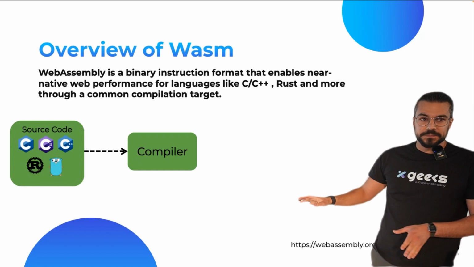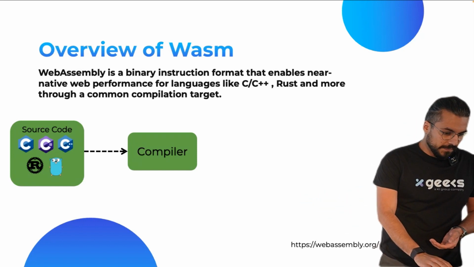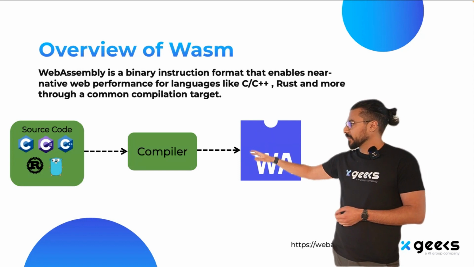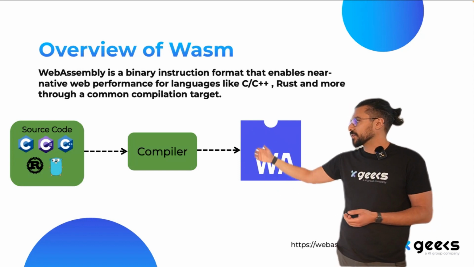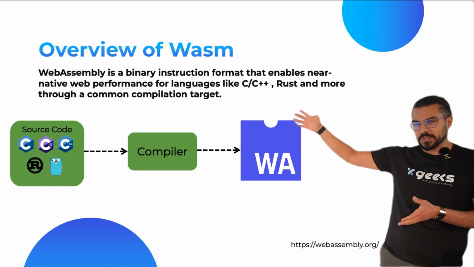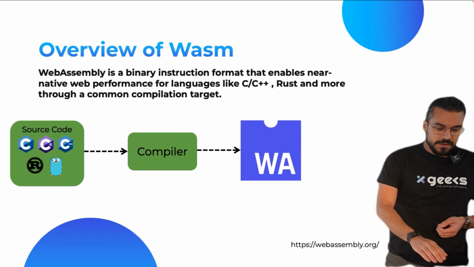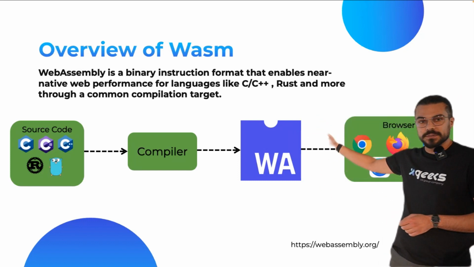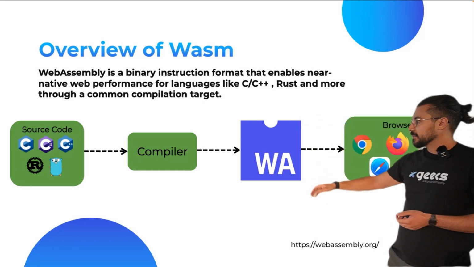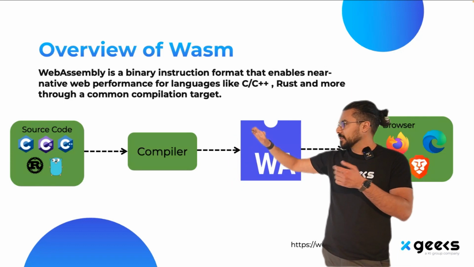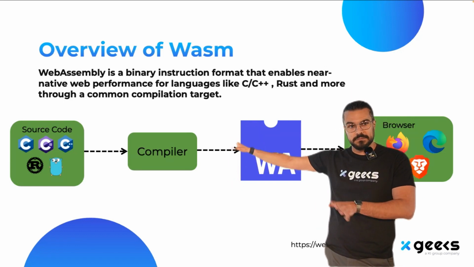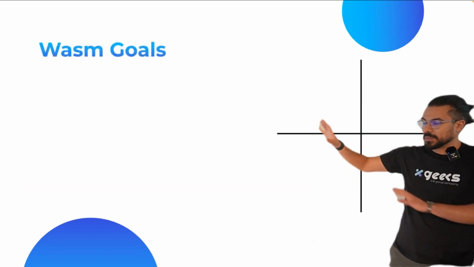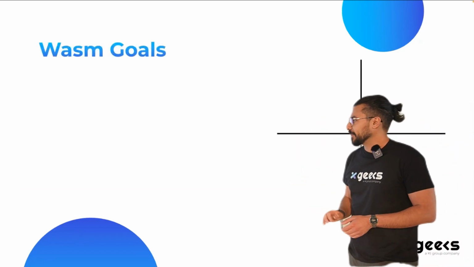And then you compile it into a WASM binary. In the WebAssembly world, they also call these WASM modules. And then the WASM modules will run on the browser. That's it. You see, no JavaScript, no HTML, no CSS, no nothing. This is the simplest way to explain WebAssembly, okay?